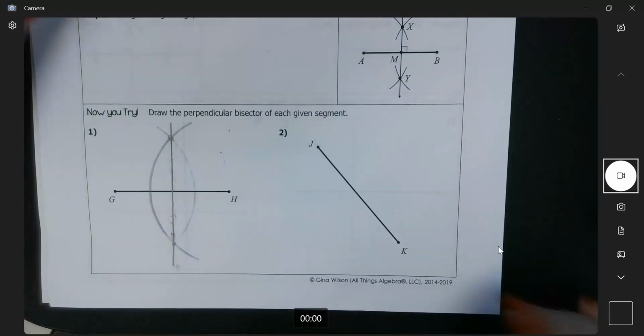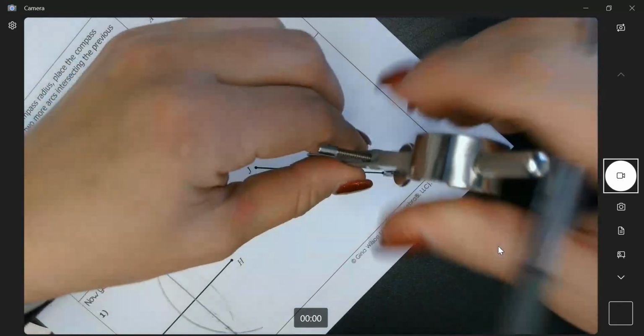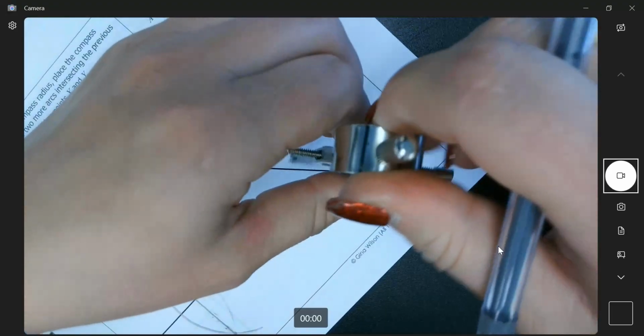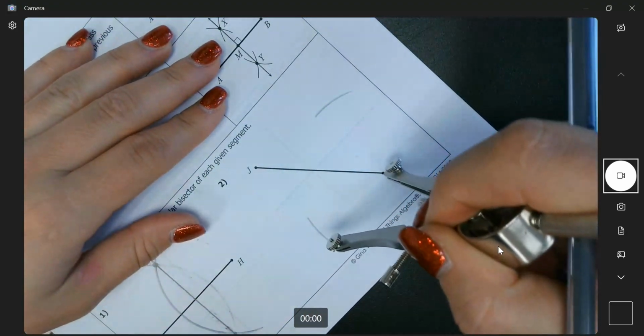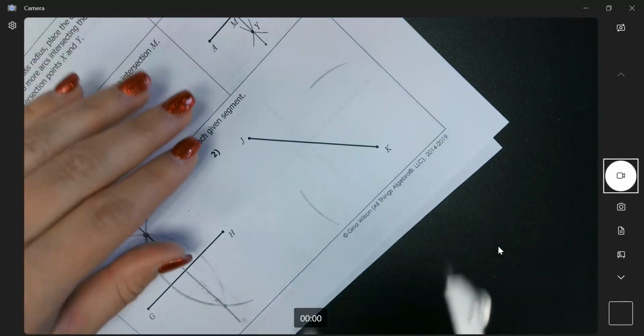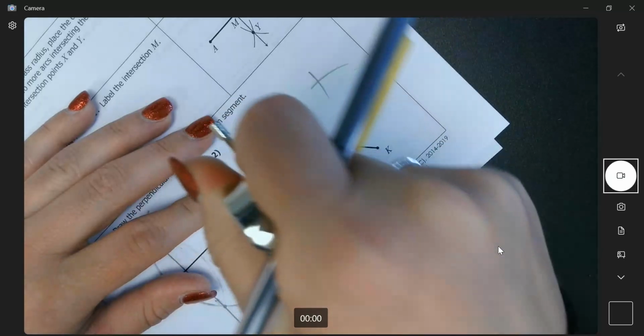And then I'll do the same thing again, just one more time on this page. We're going to start at K, stretch the compass a little more than halfway, make an arc above and below, and then keep it stretched the same. Do the same thing from J, an arc above and below.